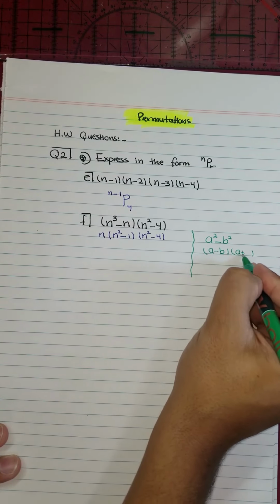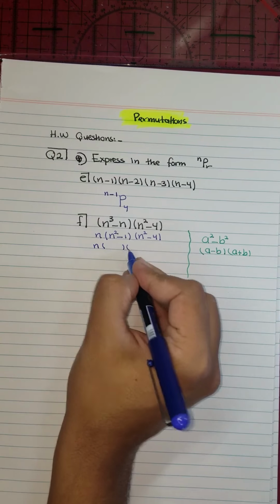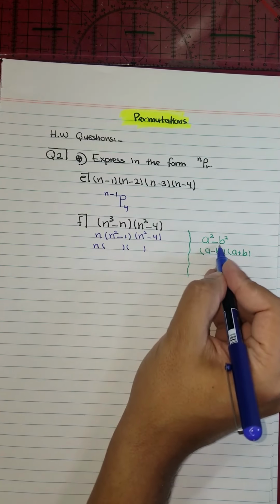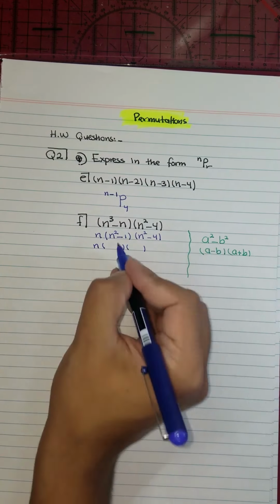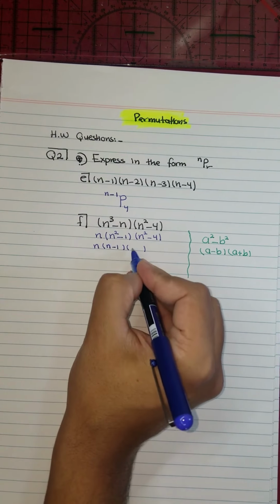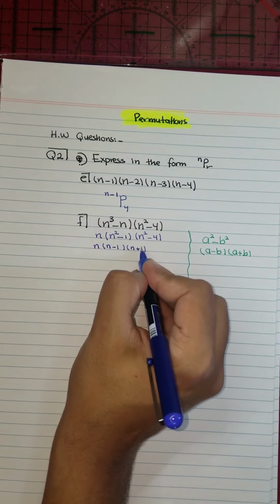So n times n squared minus 1, this can be n, and then two brackets for n squared minus 1. It's like a squared minus b squared. 1 is actually 1 squared. So when you factorize it using difference of two squares, you will get n minus 1 and n plus 1.